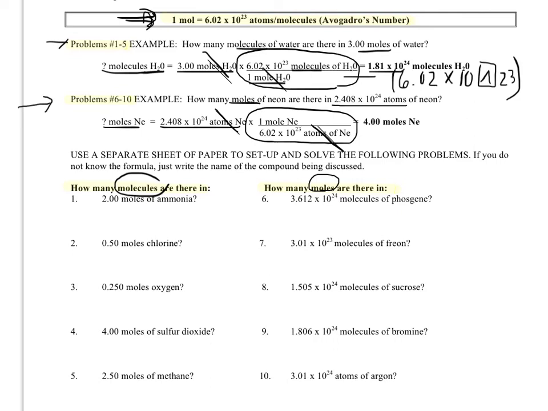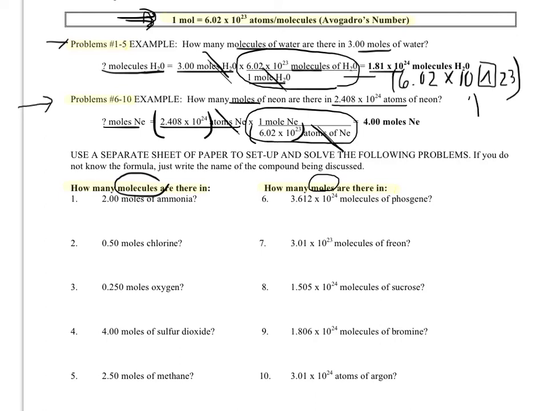So here is an example now where I am going to have to enter this 2.408 times 10 to the 24th into my calculator, and then divide it by 6.02 times 10 to the 23rd.